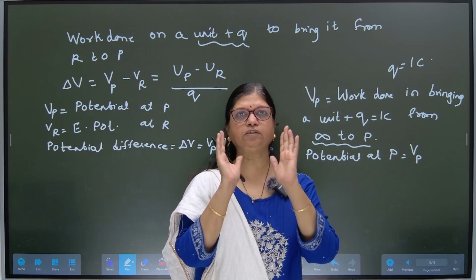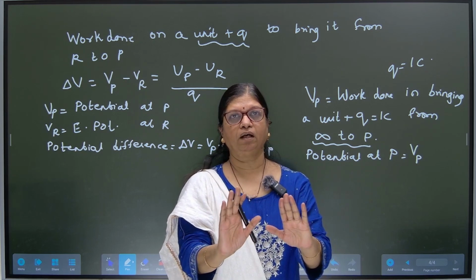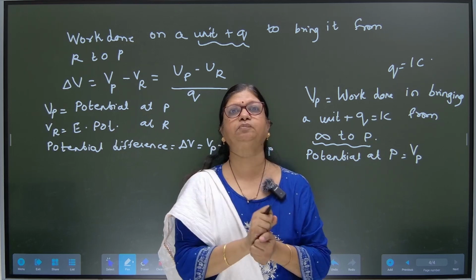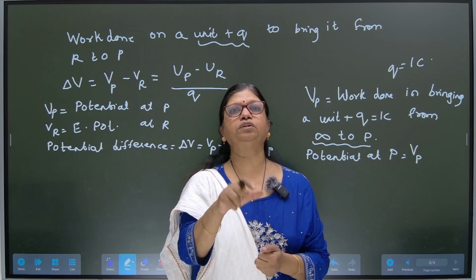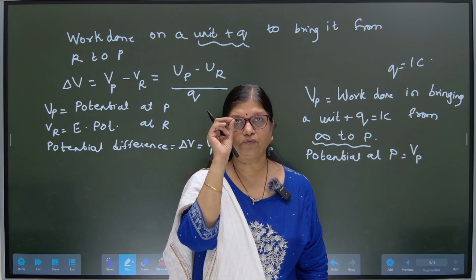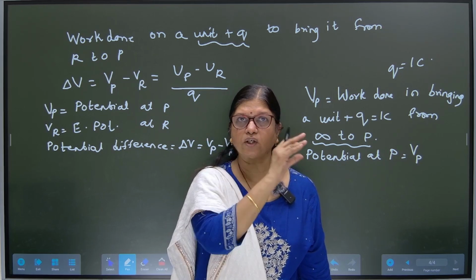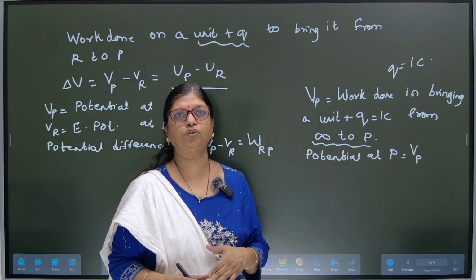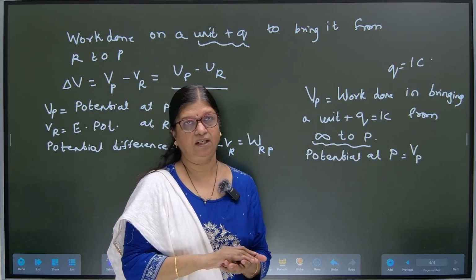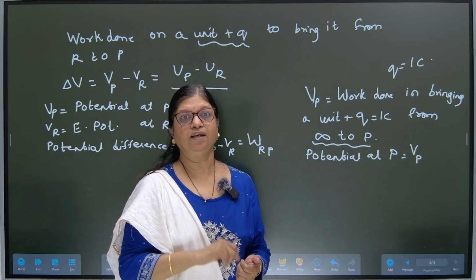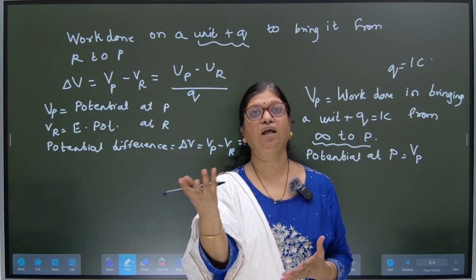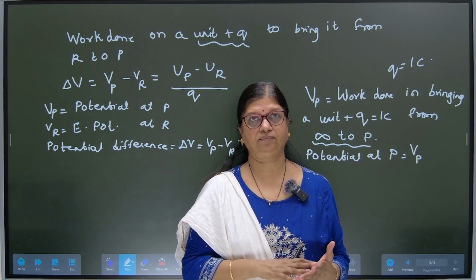Okay, so all these points you must remember and keep your head cool to understand what these concepts actually are. We are going to derive the formulas for these values also, Vp, Up, everything, with respect to charge. We have not done that yet. We will do that. But first of all, understand what is potential energy and potential.